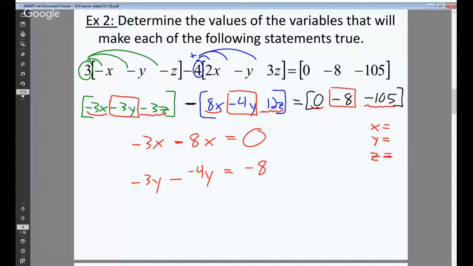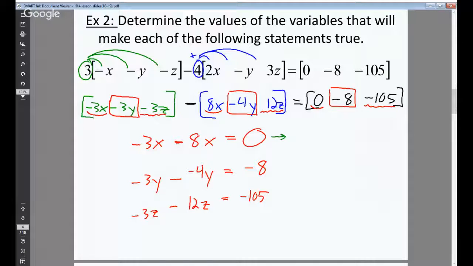They're all on the third spot of each matrix, so we can pair them up. And you'll get -3z minus 12z, all equal to -105. And all that's left for you to do is take these 3 equations, and then let's solve. So I'm just going to erase these over here to make room.